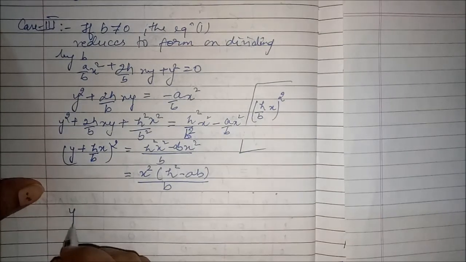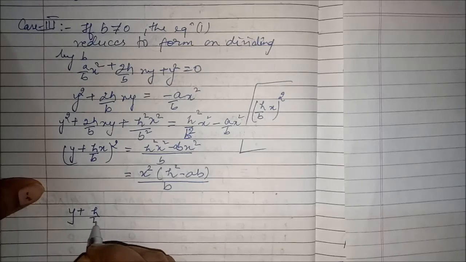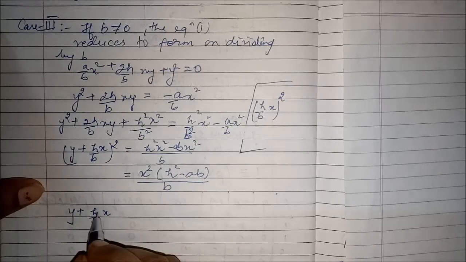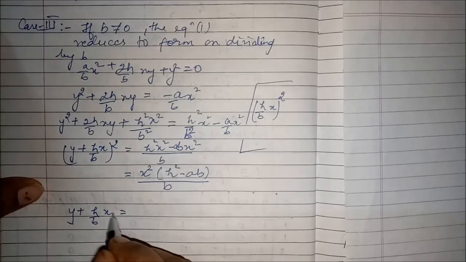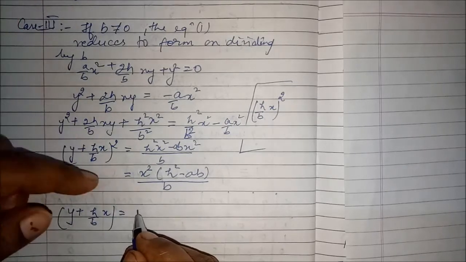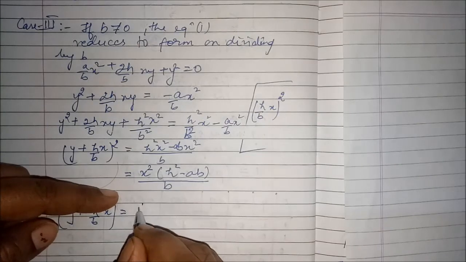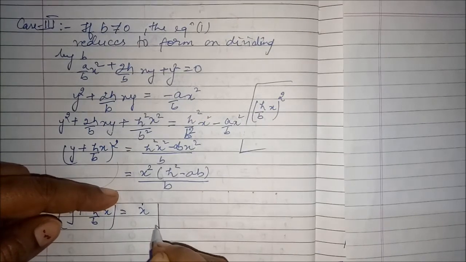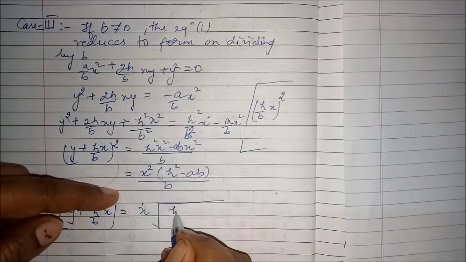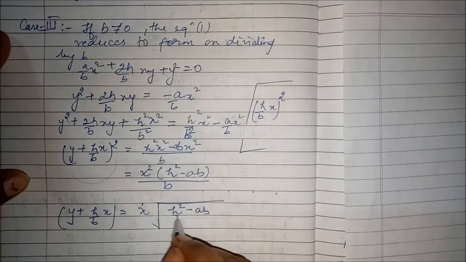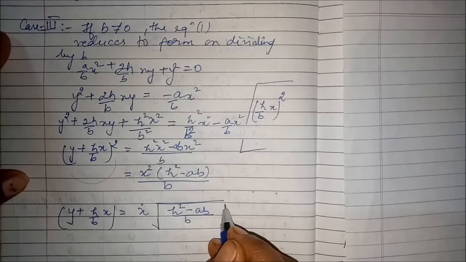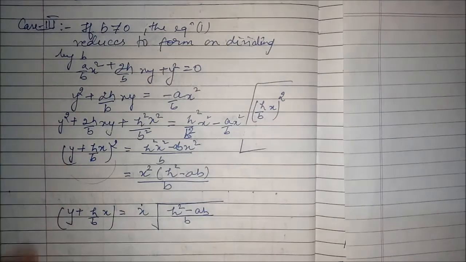Now here y plus h upon b x is equal to, we are taking under root on both sides, x under root of h square minus ab upon b.